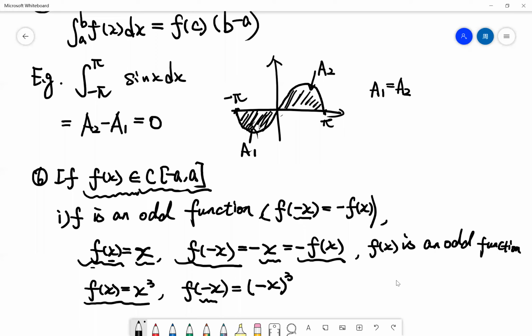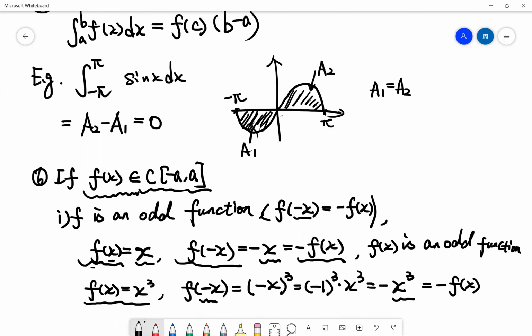And minus x power 3 equals minus 1 power 3 times x power 3. And minus 1 power 3 equals minus 1, right? So here, that equals minus x power 3. And minus x power 3 equals minus f of x here.